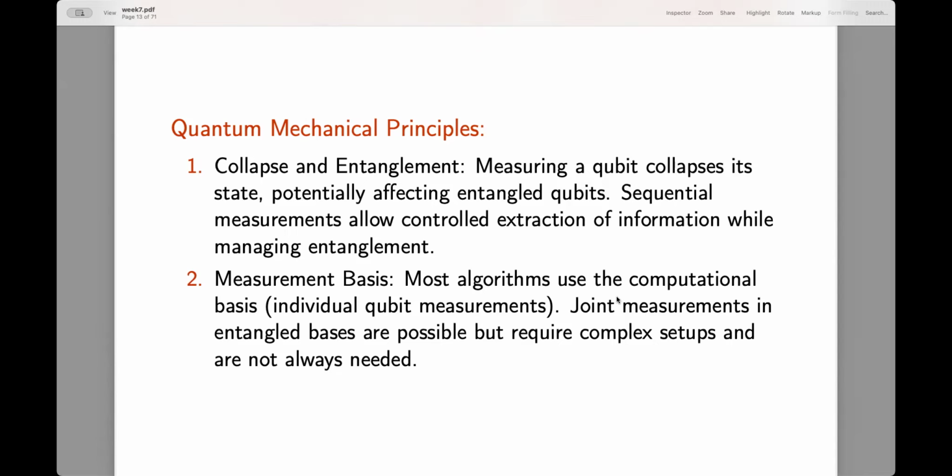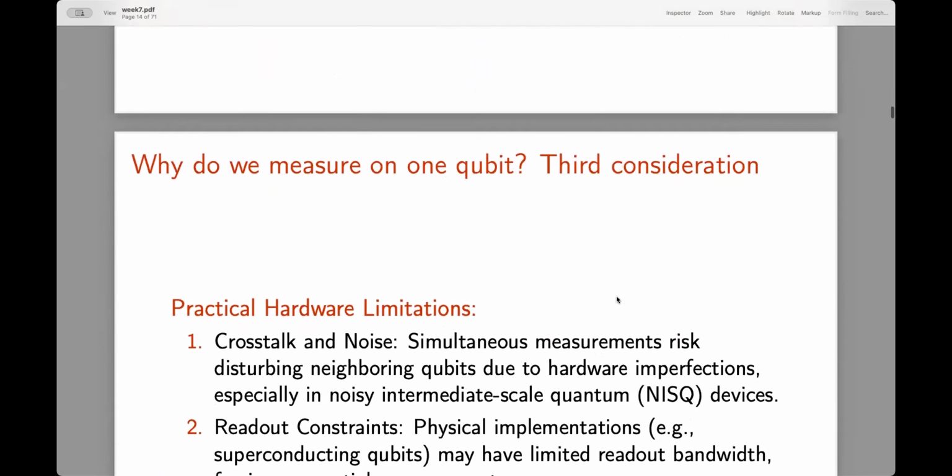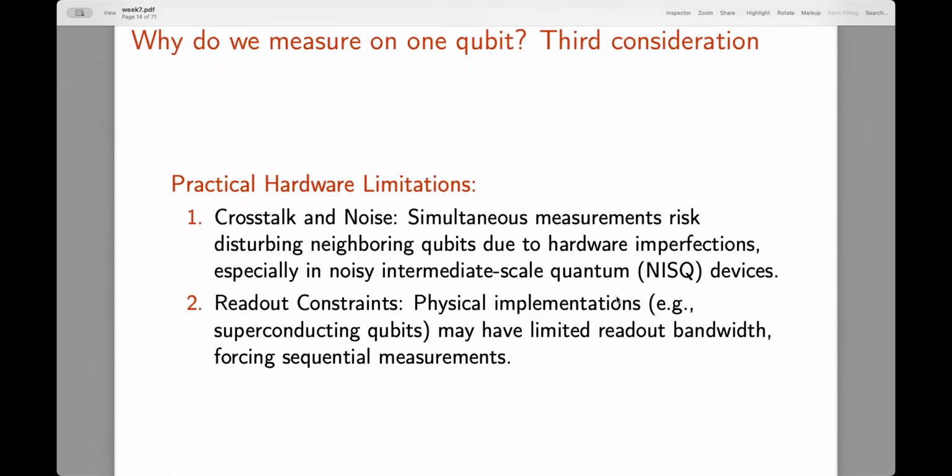So many of the algorithms are rewritten so that you act on one qubit at a time. And in the case which we are looking at, eigenvalue computations on a quantum computer, there is actually an algorithm which is based on you being able to measure on a single qubit. And the consequence for us is that we want to rewrite many of the measurements in terms of that basis.